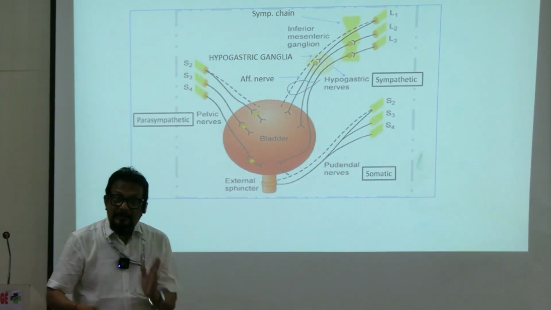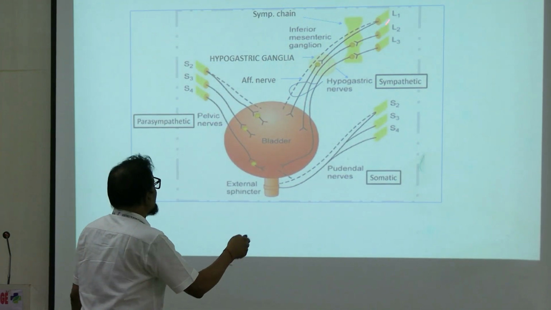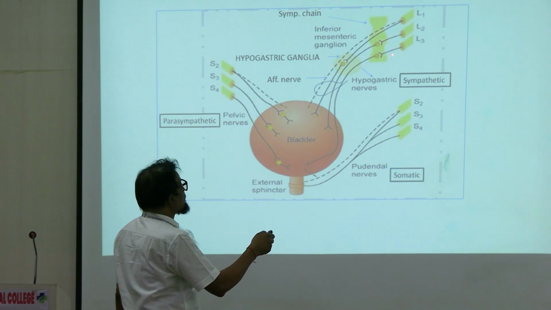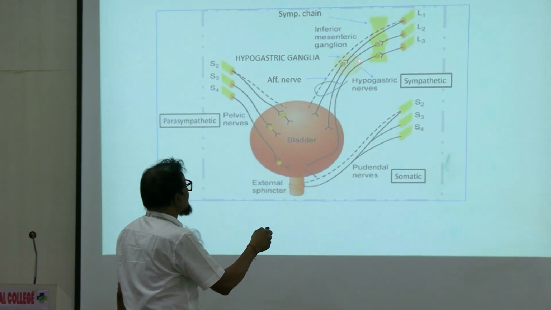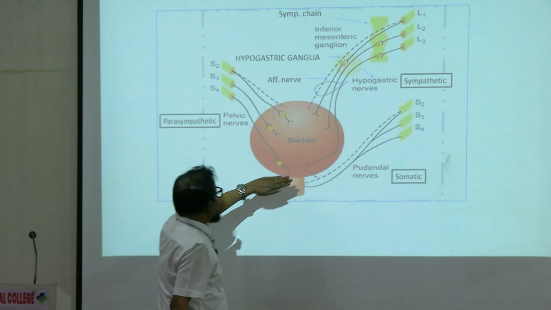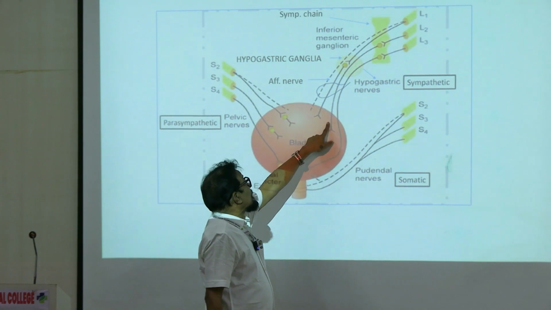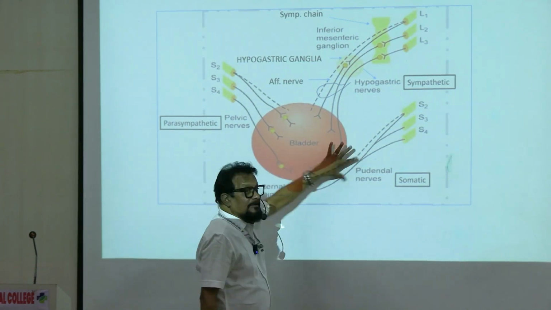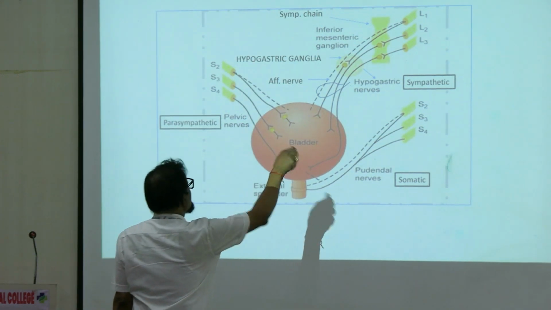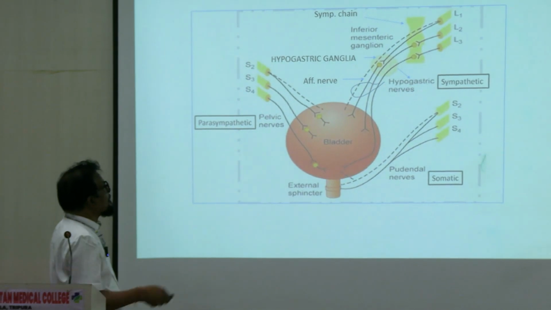Here, this is the first order neuron, and this is the second order neuron. The second order neuron ends in the internal sphincter, and the other one is ending in the detrusor muscle of the body.